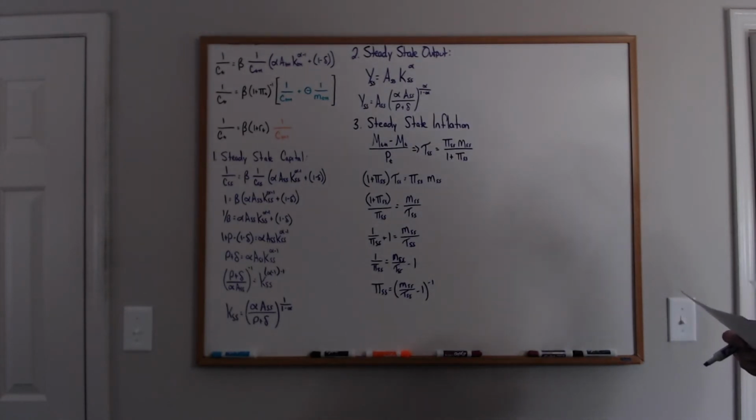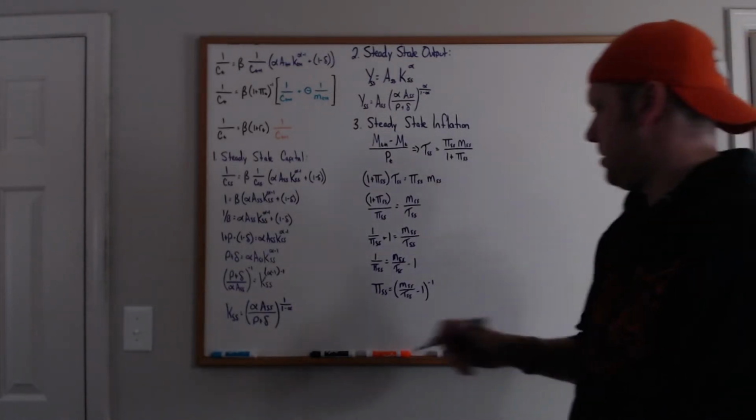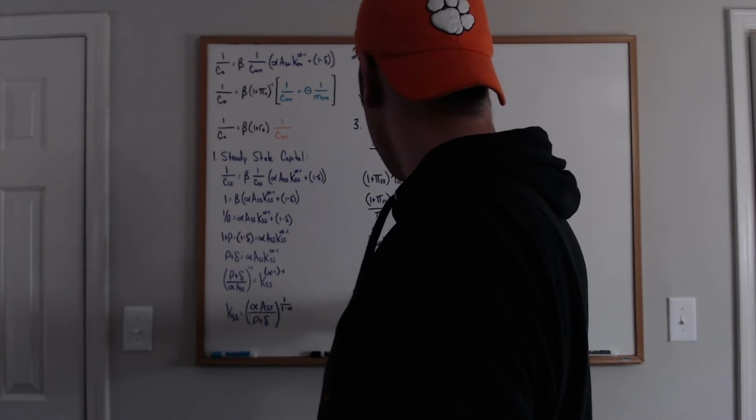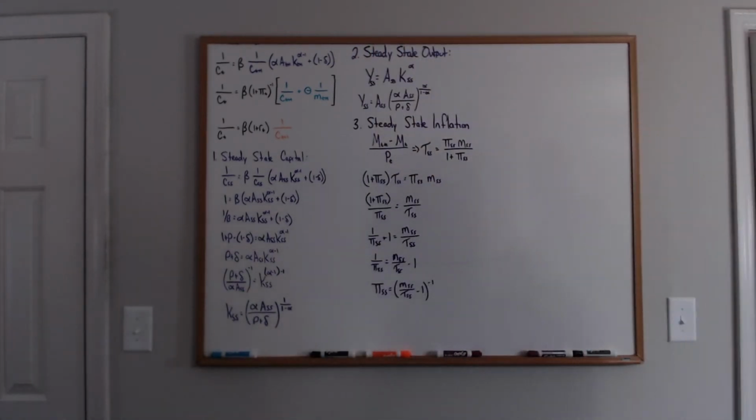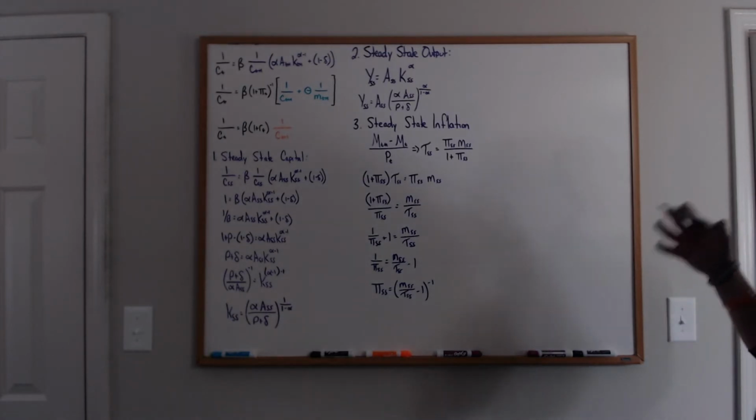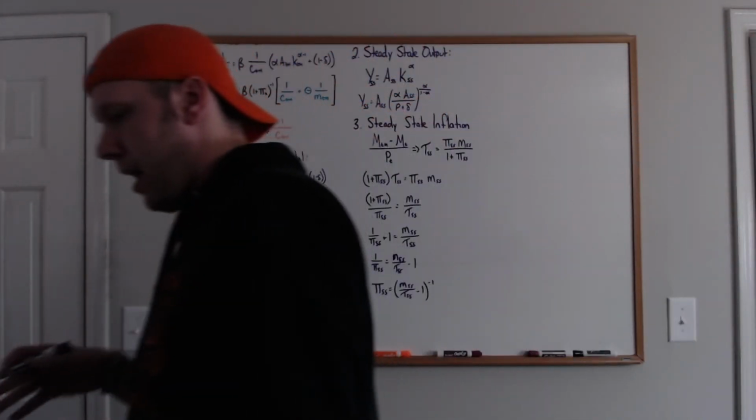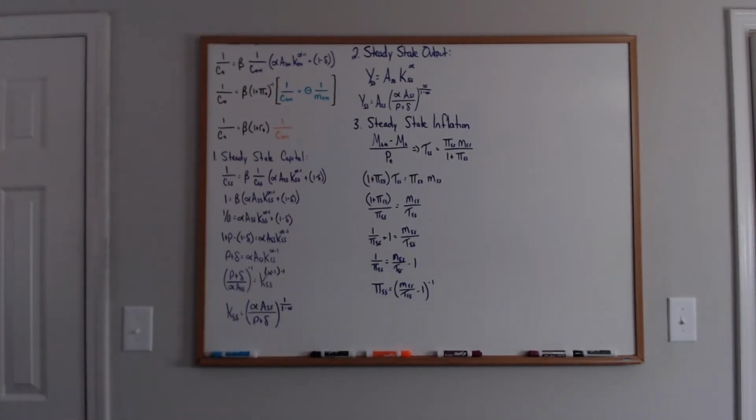Cool. So what does all that mean? What is that telling me? Well, what this says is that steady state inflation is determined by the steady state of real money divided by the steady state for transfers net of taxes, minus 1, to the negative 1.